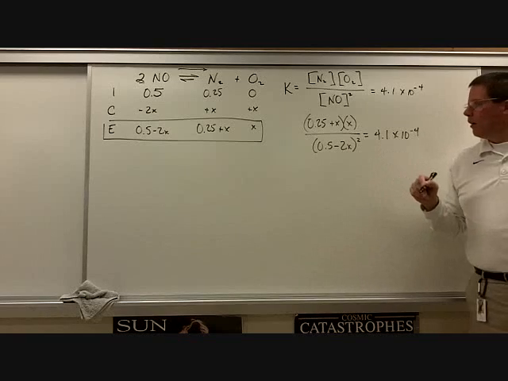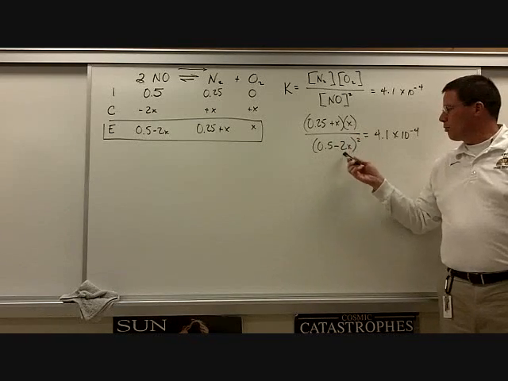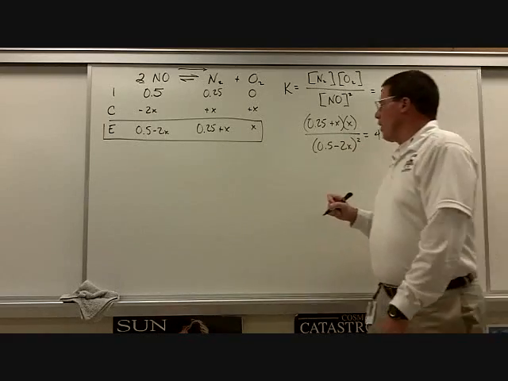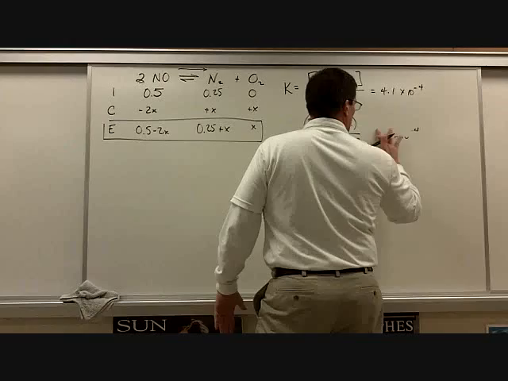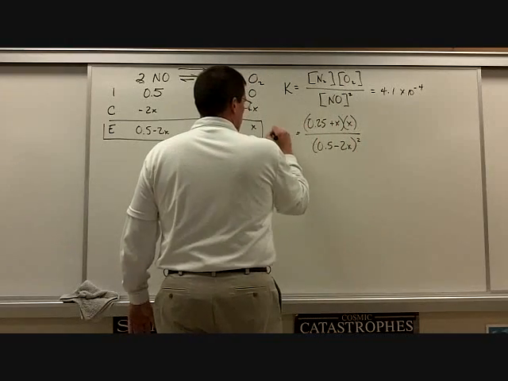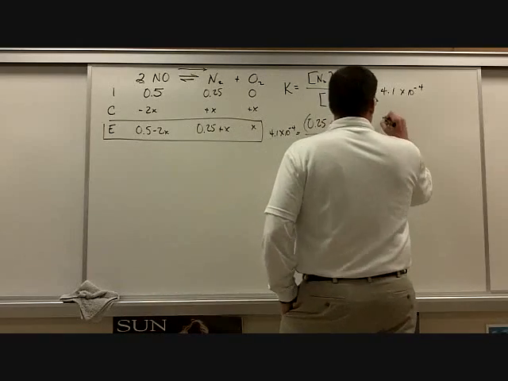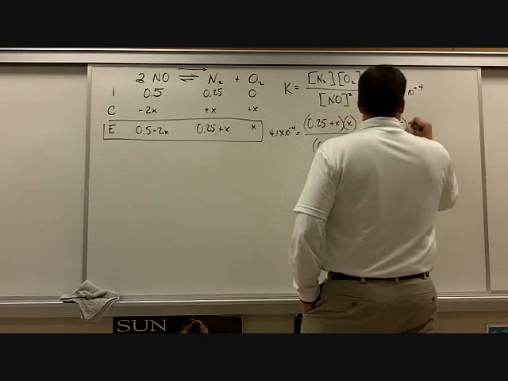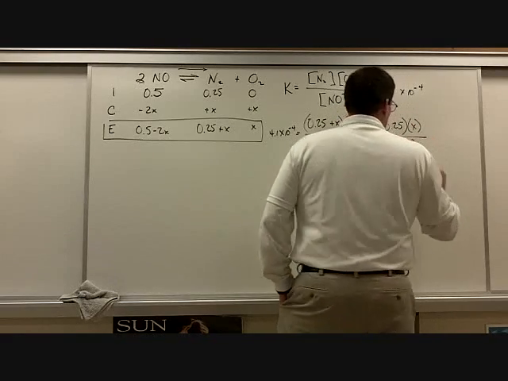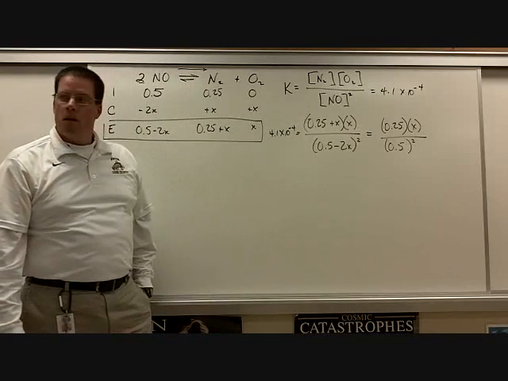However, with the 5% rule, any x's that are added or subtracted from a given concentration, you may drop. However, you have to show this first if you're going to use the 5% rule. So what that now changes into is 0.25 times x over 0.5 squared, which is still equal to 4.1 times 10 to the negative 4.